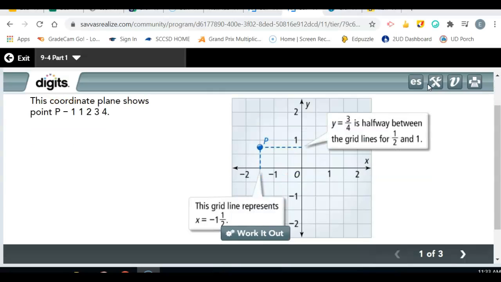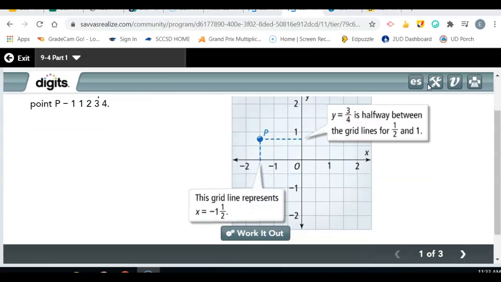All right. If we look at point P here, we need to find the ordered pair for point P. We have to go X from our horizontal, then our Y. I talked about identifying what is the value of each line. In this coordinate plane, what is the value of each line? Skylar, 1/2. Right? How we do that is start at your origin.